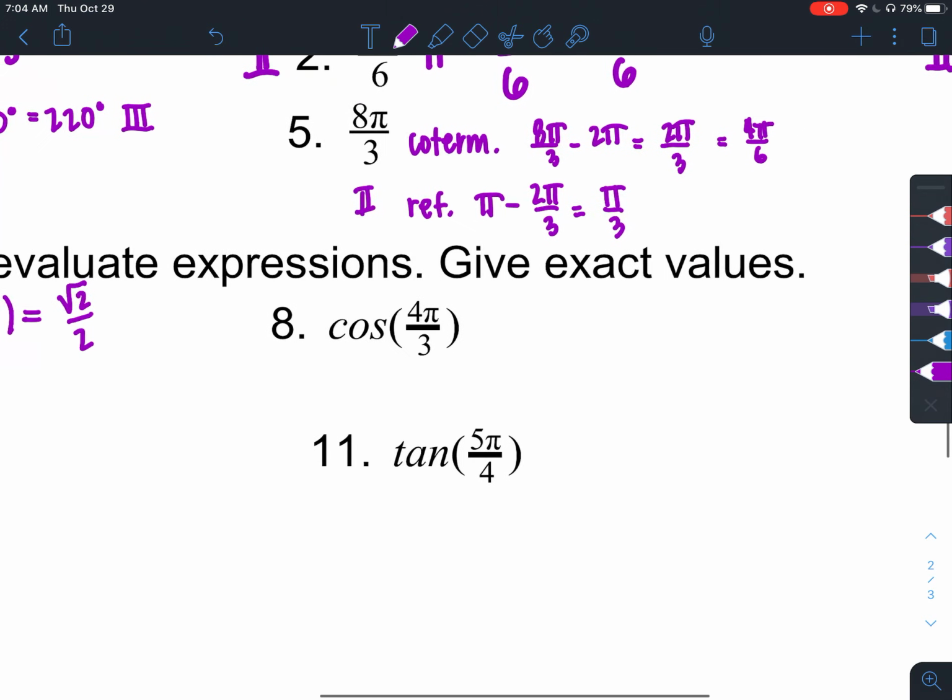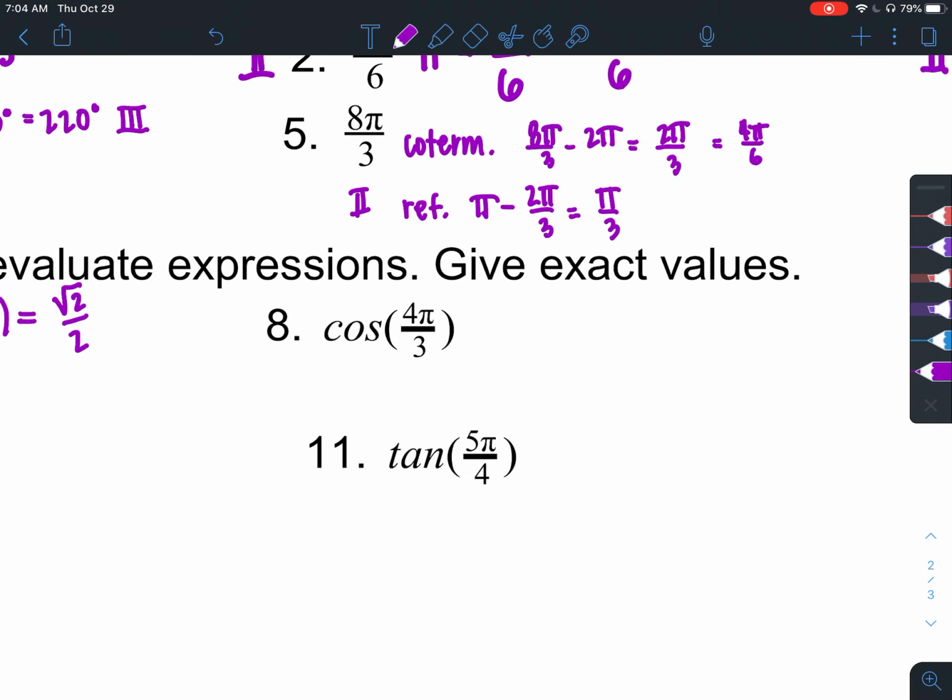All right, let's look at number 8. So 4 pi over 3, let's find the reference angle. I know that 4 pi over 3 is in the third quadrant because it's greater than pi, but not quite bigger than 3 pi over 2.